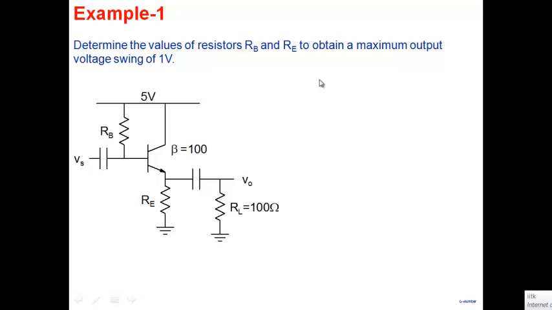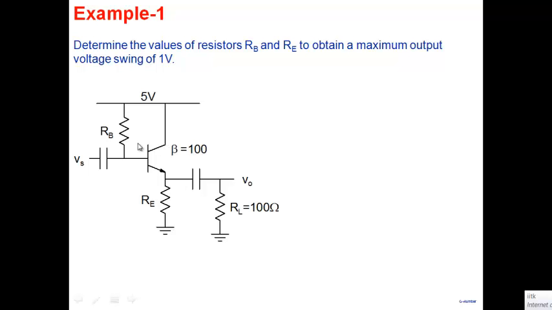So what we need to do is the following. This is a design problem, where there's a common collector amplifier whose configuration is given here.